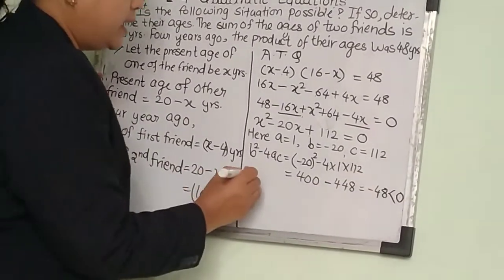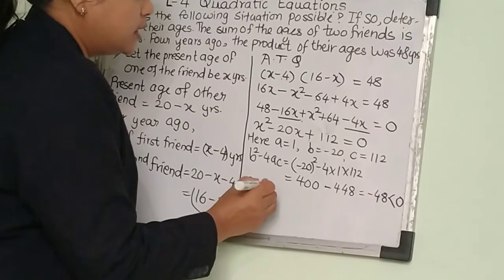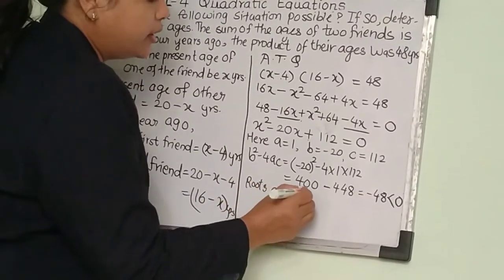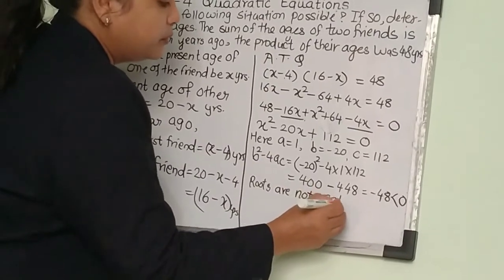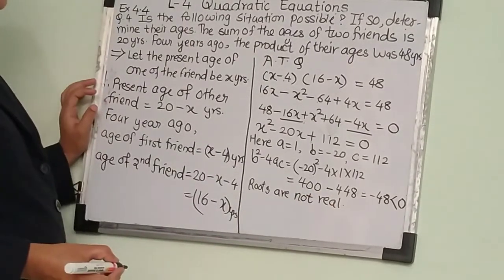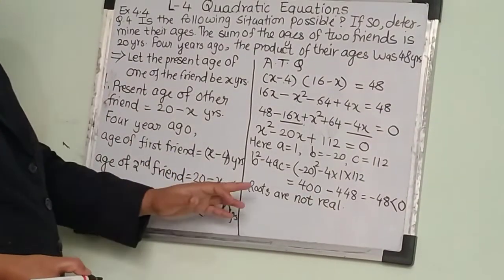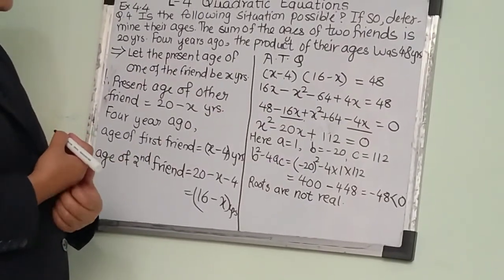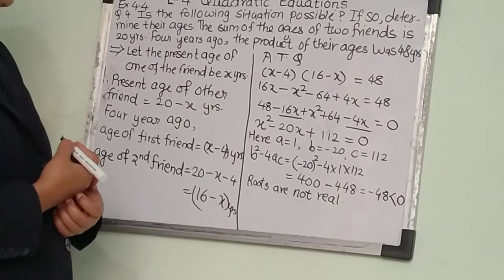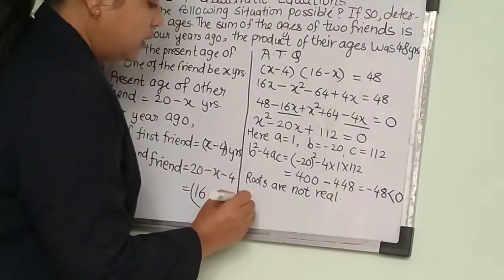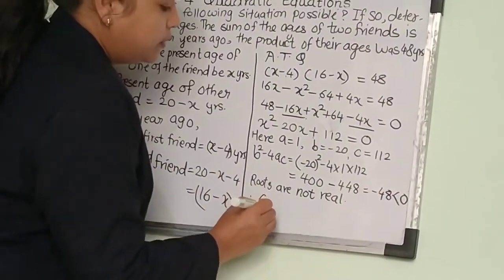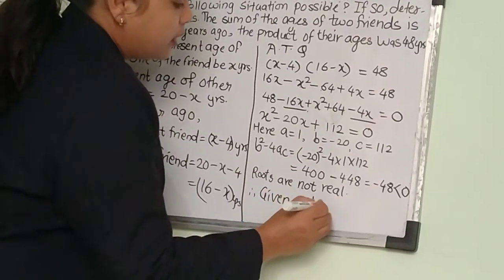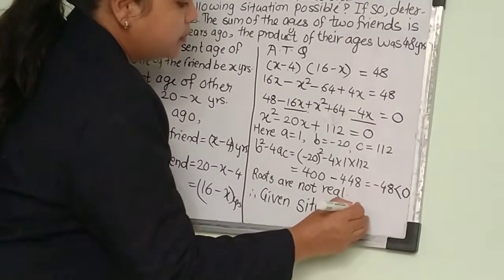It means that the roots are not real. So we cannot find the roots for this quadratic equation. Hence, this situation is not possible. So therefore, the given situation is not possible.